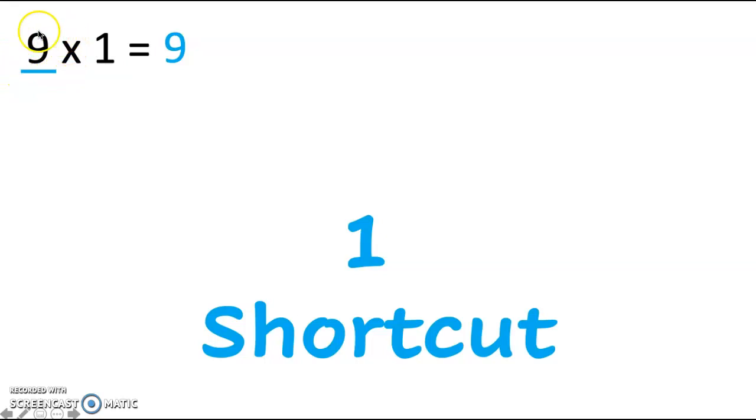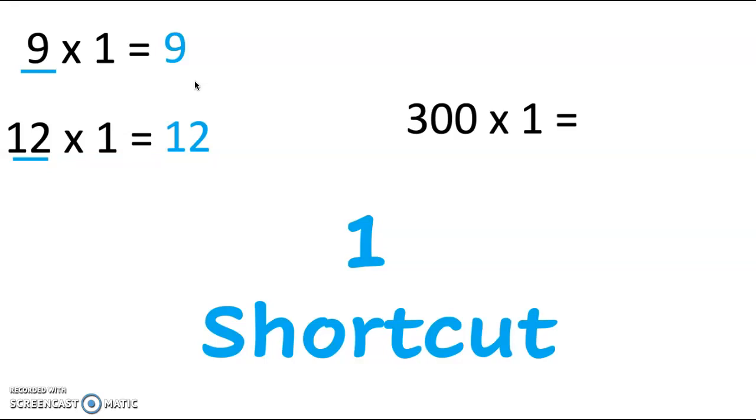So you can multiply any number times 1, and it'll give you that number. Let's look at another problem. 12 times 1 equals, remember, when you multiply by 1, it's going to be that number. 12 times 1 equals 12. What about a big number like 300 times 1? 300 times 1 equals 300.